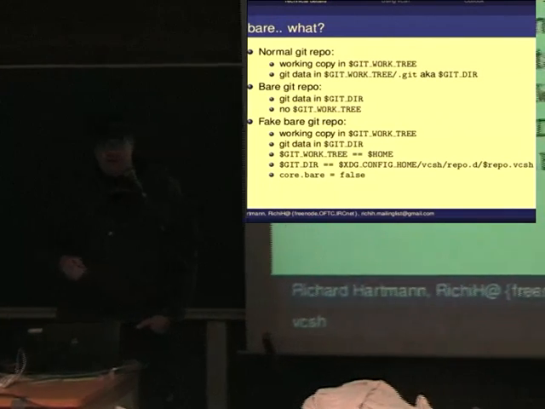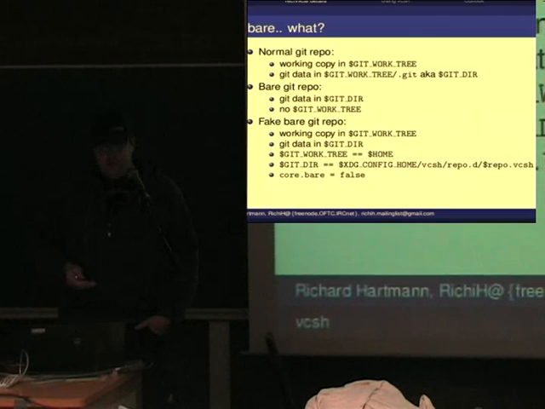Bare repositories, what you have on servers where you want to push to, do not have any work tree at all, but they do have their data repository. So you have basically a mix of these two. You do have your work tree, but you can tell Git, okay, put your work tree somewhere else. And you also tell it the git dir where you keep your data is also in a different location.